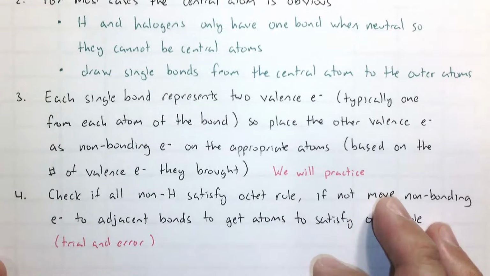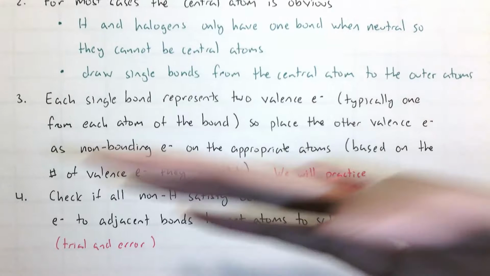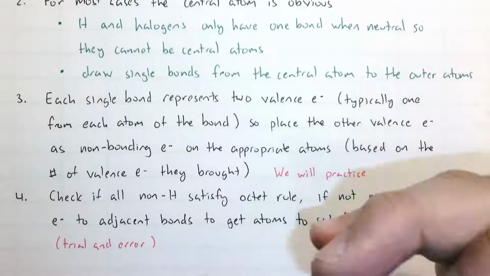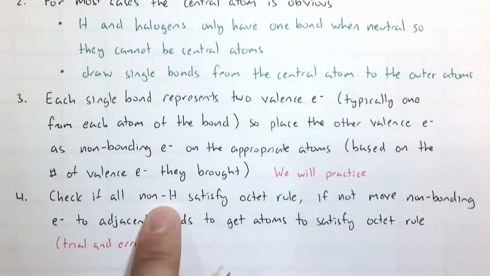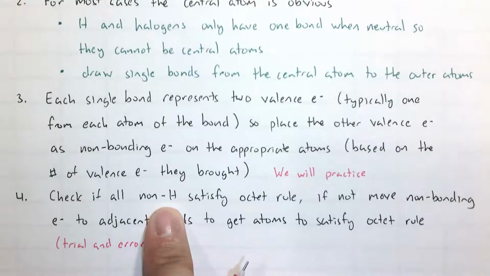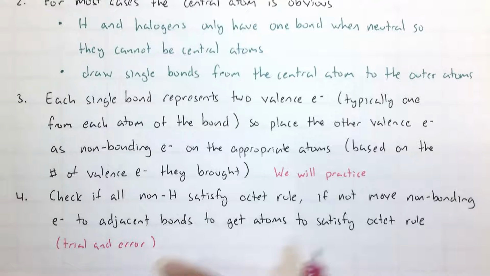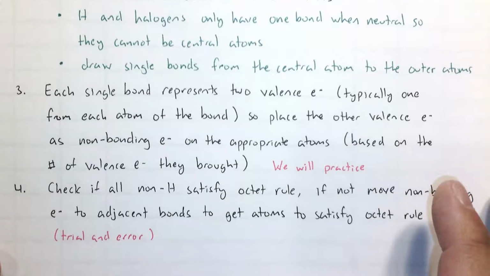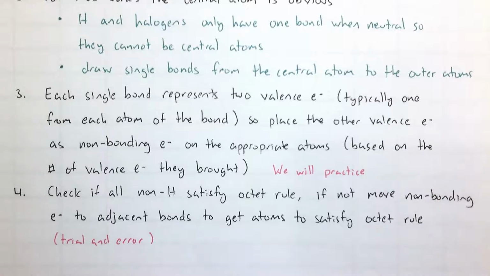It's like a puzzle. We're going to try to figure out a way to shift those electrons into bonds so that every non-hydrogen atom satisfies the octet rule. And so for some people, including myself, this will be trial and error. If it doesn't work, then start over and start shifting other electrons.